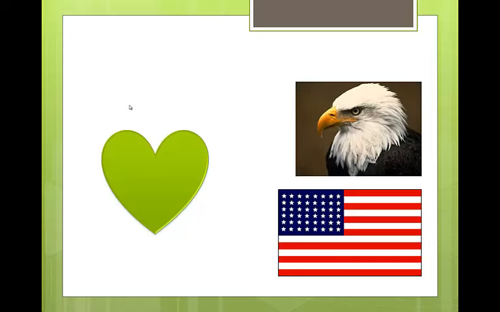Here's another example. Take a minute and think about what this image means to you. Again, there are going to be various answers. Obviously, this is the United States flag, so you might have thought just simply United States. You might have thought about freedom or liberty, justice, any of those bigger ideals.